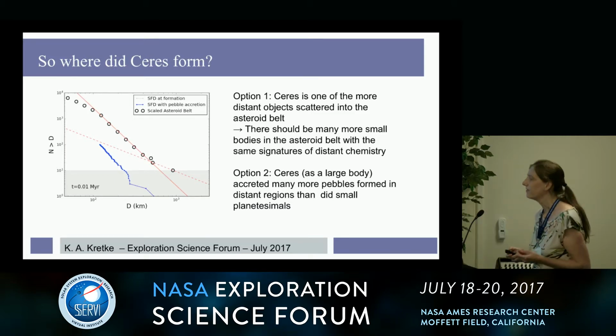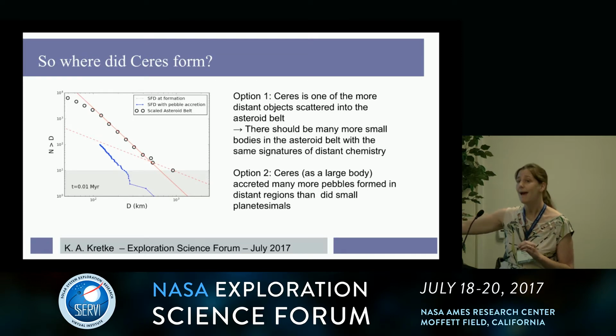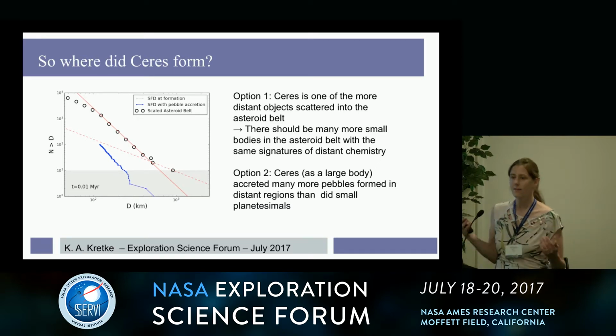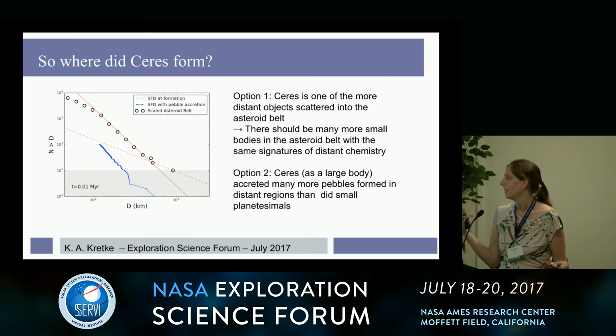So does this just mean that Ceres was one of those objects that formed out at the outer regions of this disk and just happened to have been transported in? Or does the fact that Ceres is the largest object and has the signature of outer solar system chemistry, is that important?